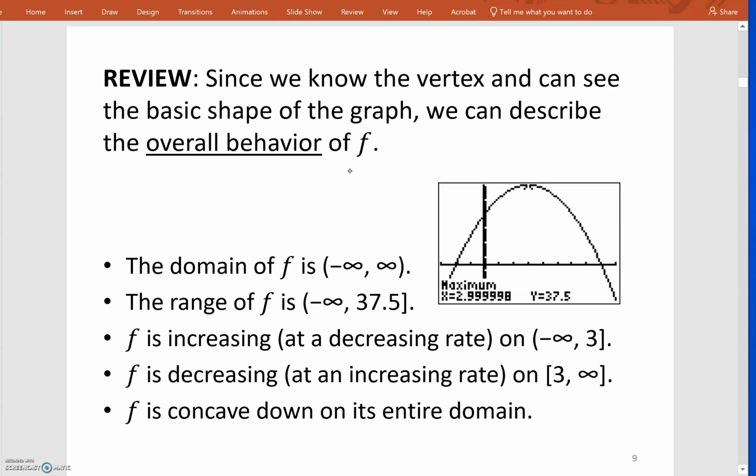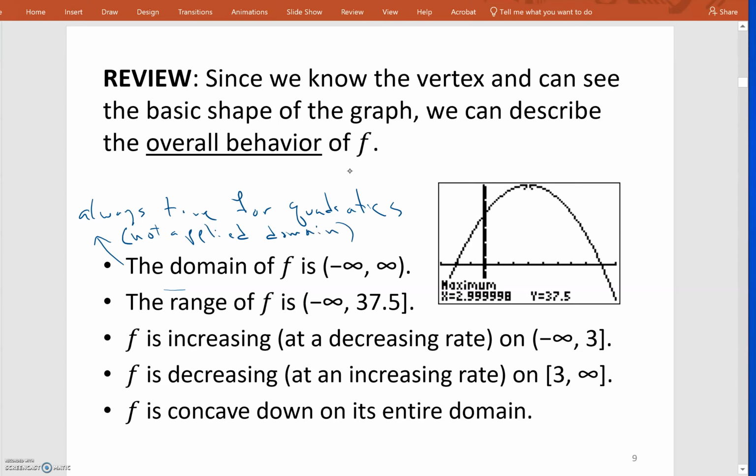So overall behavior of this function, as a pure math function, the domain of this is all real numbers, -infinity to +infinity. This is basically always true for quadratics, as far as their full domain goes, so this is not application domain.